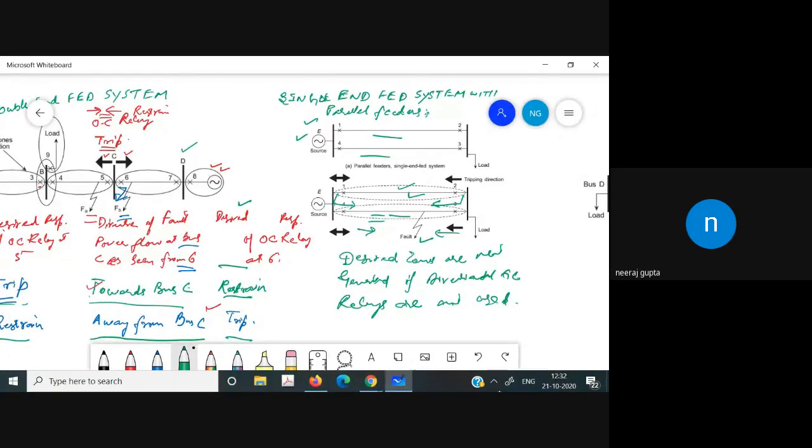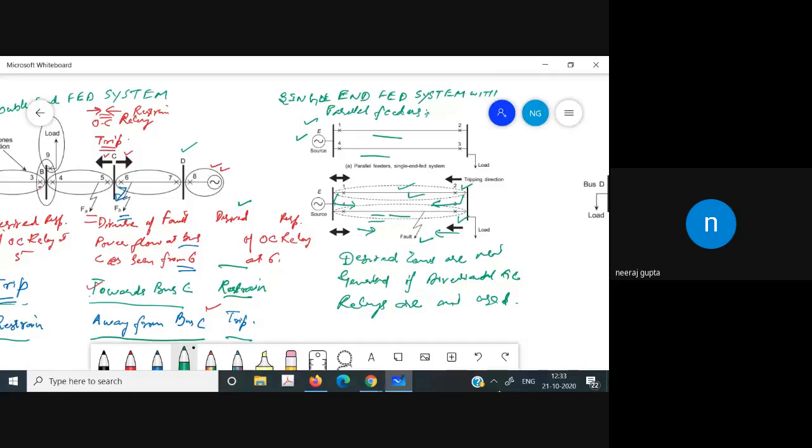So what do we do? It can be prevented by seeing the tripping direction, which is away from the bus. It will be required at bus 2 and 3.